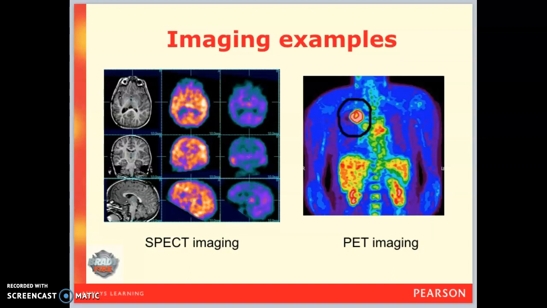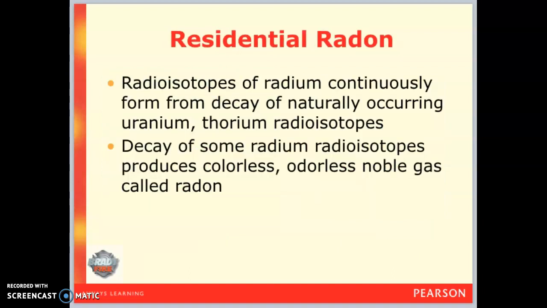Now, the other big common way that we experience radiation is through radon. As I mentioned in the previous video, radon is responsible for a little bit more than a third of most people's radiation exposure in a given year.